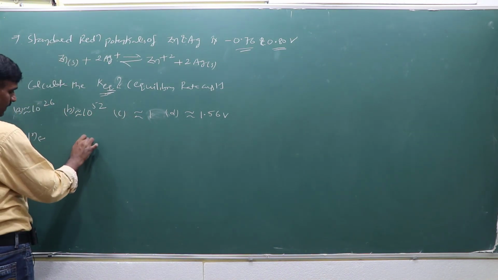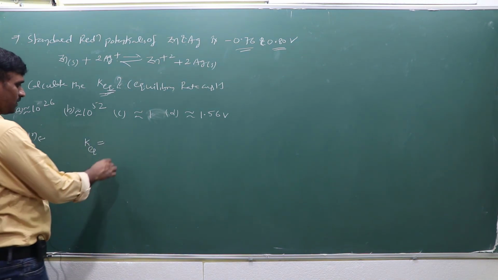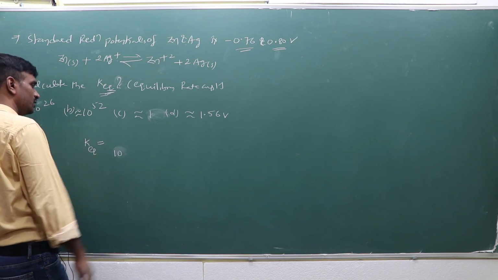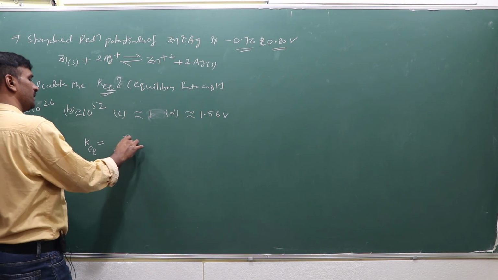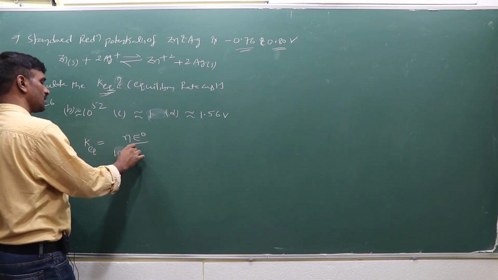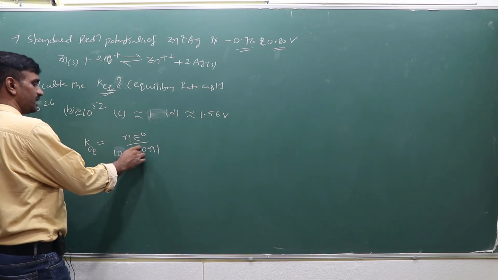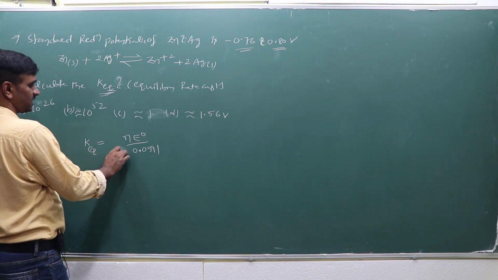For the calculation of K equilibrium, K is equal to 10 to the power of n E naught by 0.0591. I mentioned this formula in the last classes.